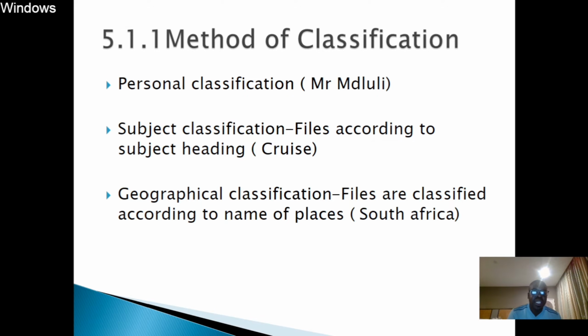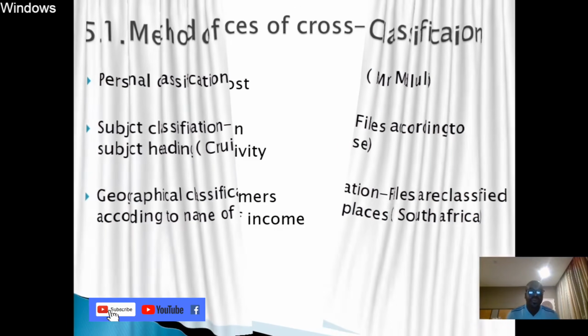Geographical classification, we're now looking at places: South Africa, Mpumalanga, Nelspruit, Limpopo, Gauteng, and the likes. So 3 types of classification: personal classification, subject classification, and geographical classification.